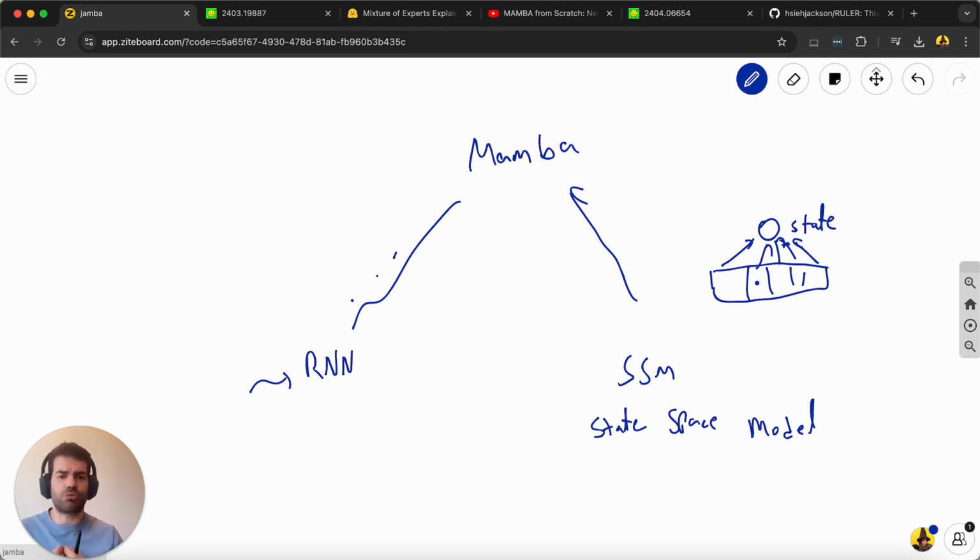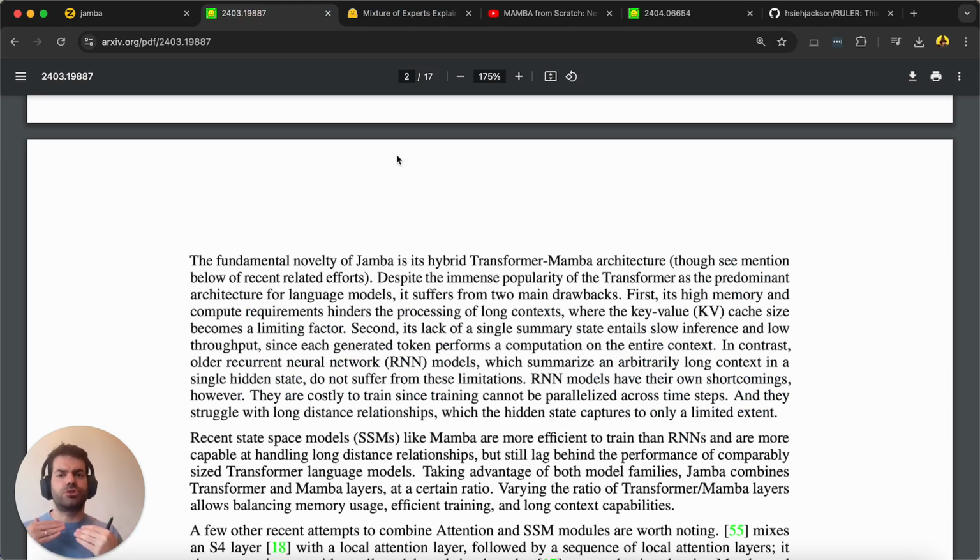Okay, but the problem is the quality. And this is something that happens a lot, right? When we have a paper, you can either show that your new model, new architecture is superior in quality, or you're superior in other things like time, throughput, and then you have to prove that you're matching the quality. And this was the power of Mamba.